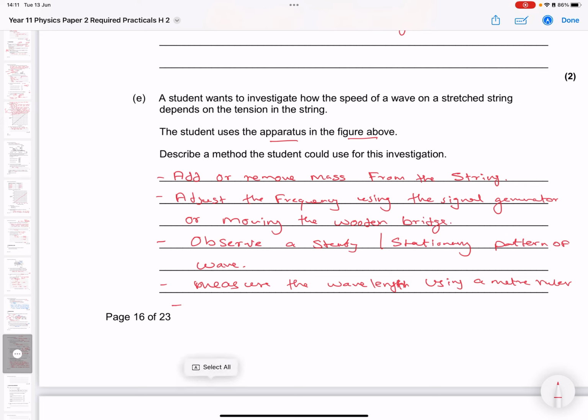And calculate the speed. So calculate the speed using v equals f times lambda. Okay, so that's all you're going to say.